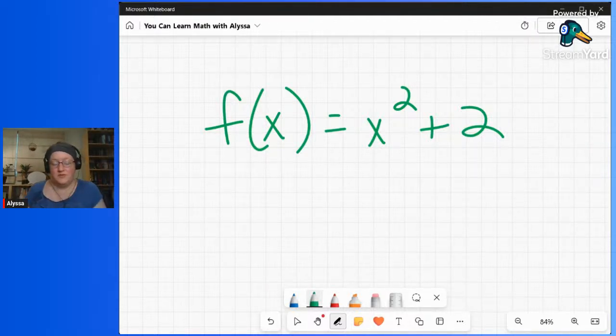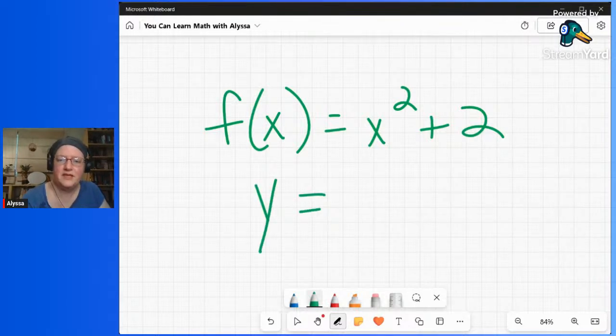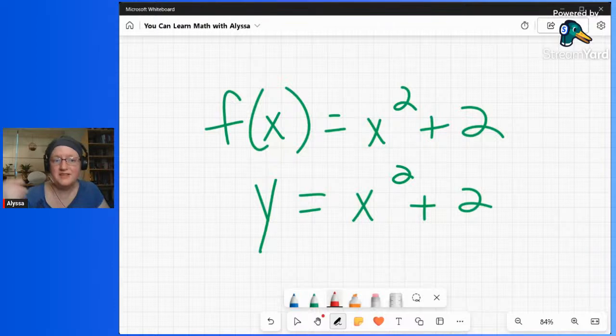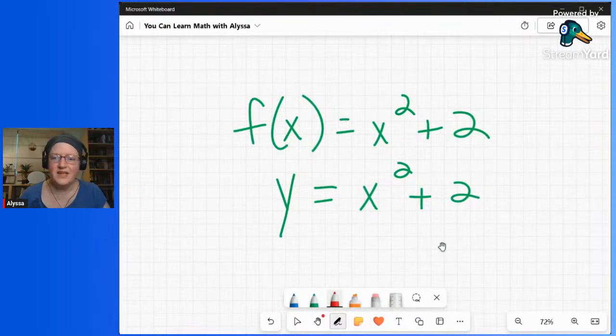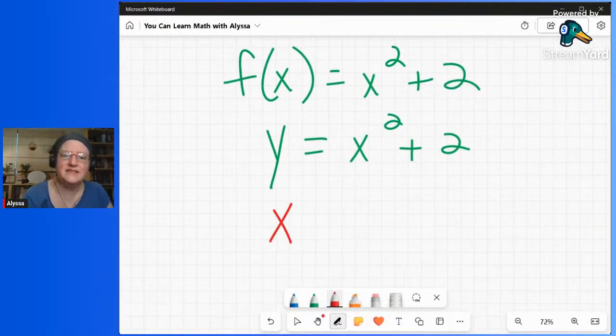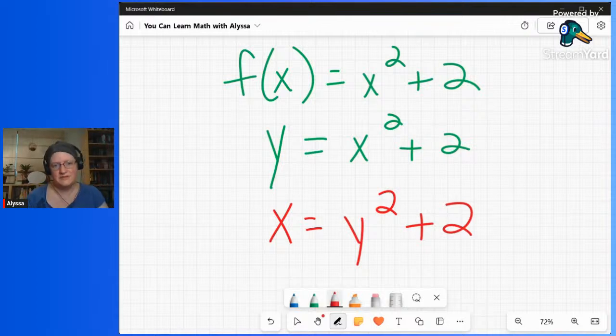The only thing you have to do is replace f of x with y, and then swap the x and the y. Wherever there's a y, put an x. Wherever there's an x, put a y. So in this case, it would be x equals y squared plus 2. And then you need to get it back into y equals format.